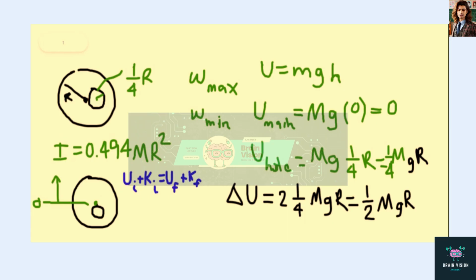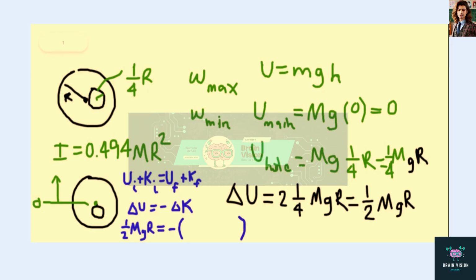If we put the two together, delta U, initial minus final, is the opposite of delta K. We know that delta U is 1/2 mgr.